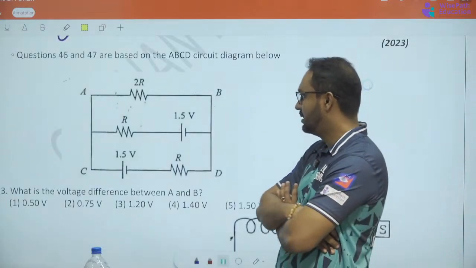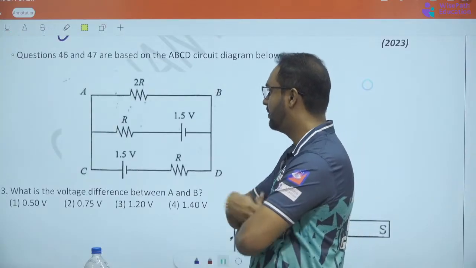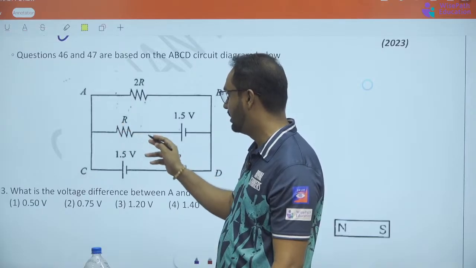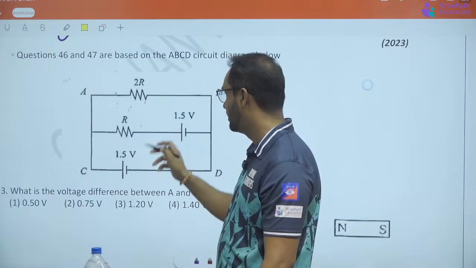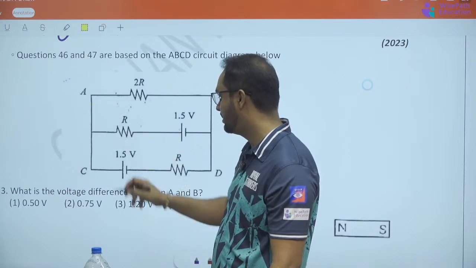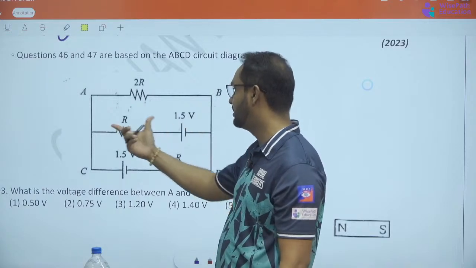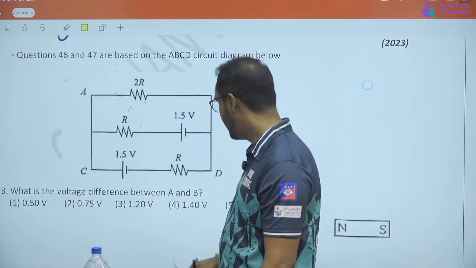So 1.5 volt coming out of this, and because of this R, some voltage is dropped, so the total voltage supplied to the circuit will be less than 1.5. Even the same happens in this battery, isn't it?